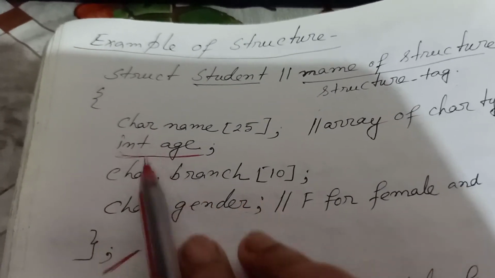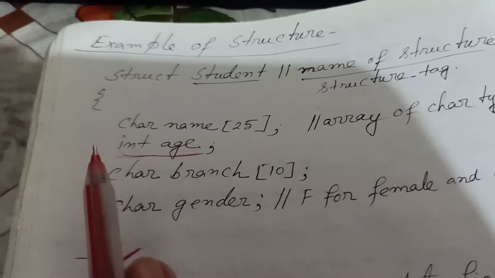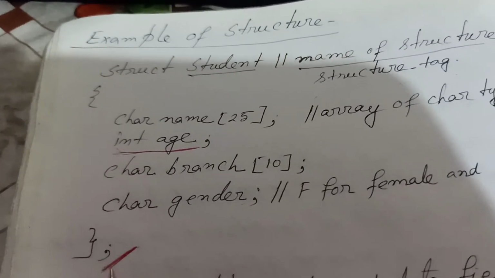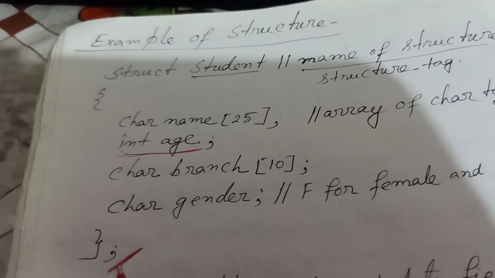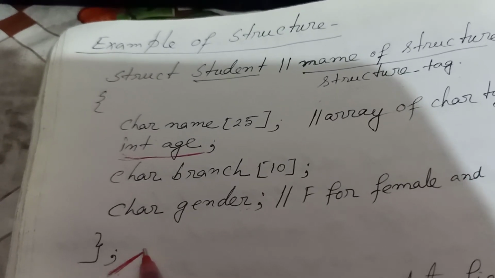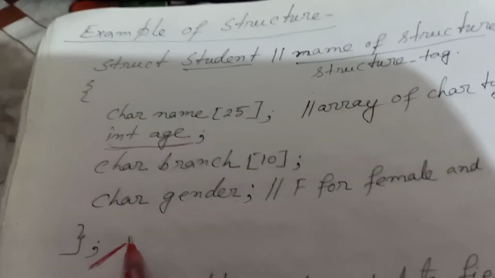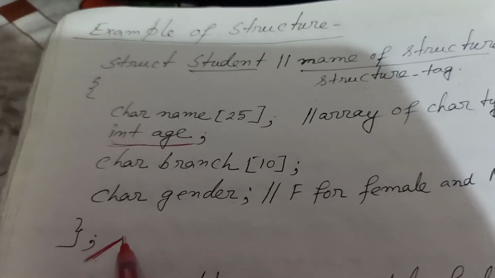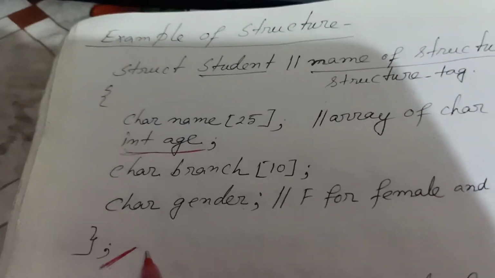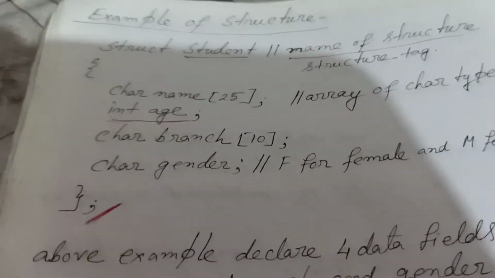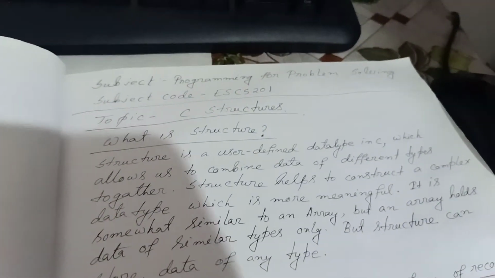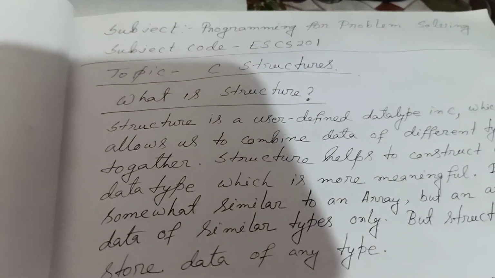Okay, these are the 4 members, and braces are closed here, and after closing the brace we are putting the mandatory semicolon. Without that, the C program will not be able to execute the defined structure.